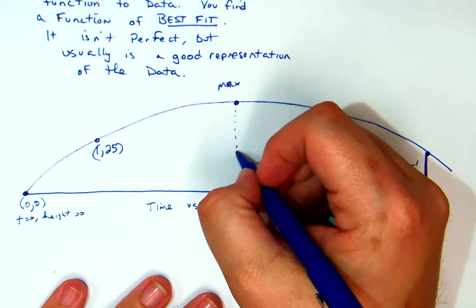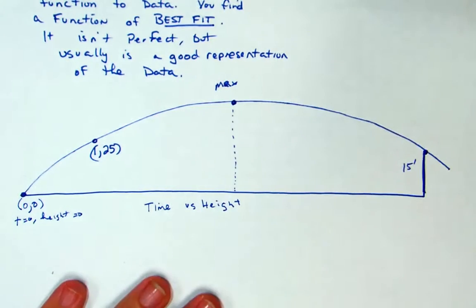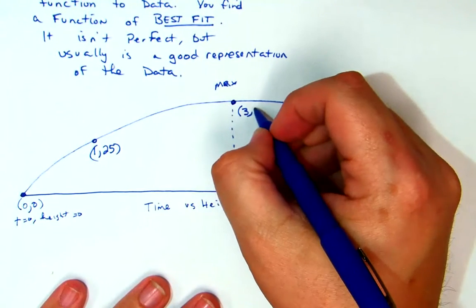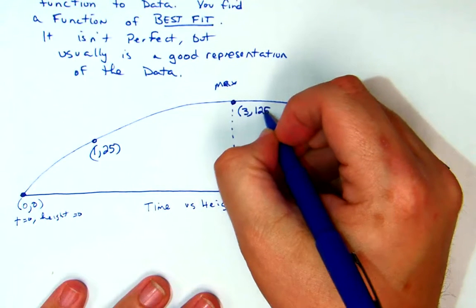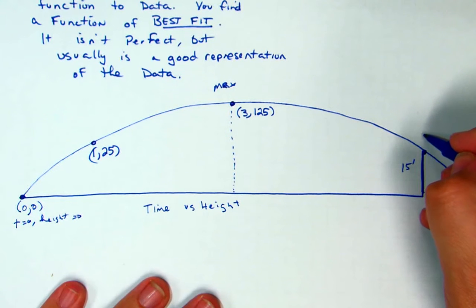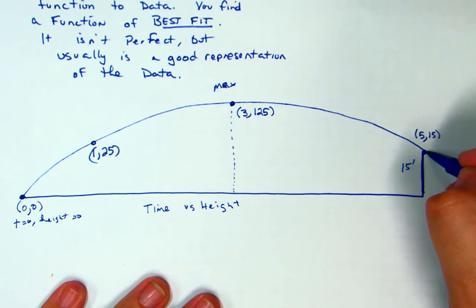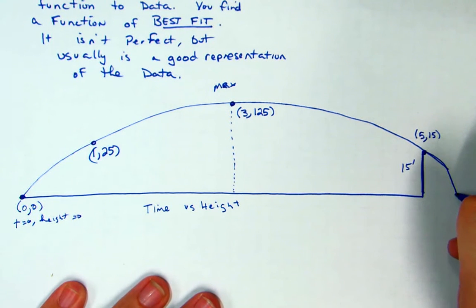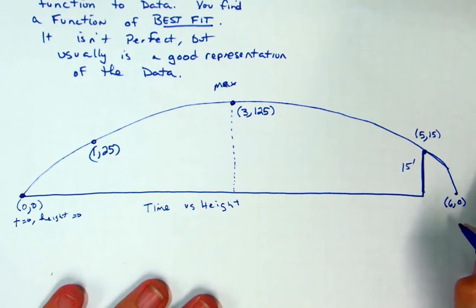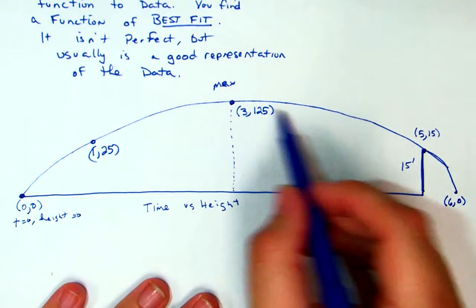And let's say that this maximum value was after 3 seconds, 125 feet in the air. And let's say at 5 seconds, it cleared the fence at 15 feet, and then it hit the floor at, let's say, 6 seconds, and its height was 0 feet. So I have 4 points.